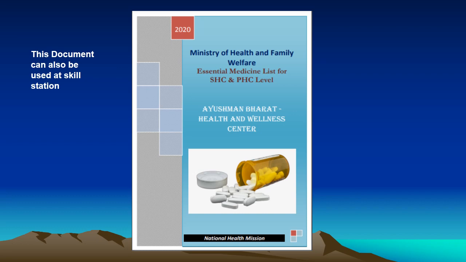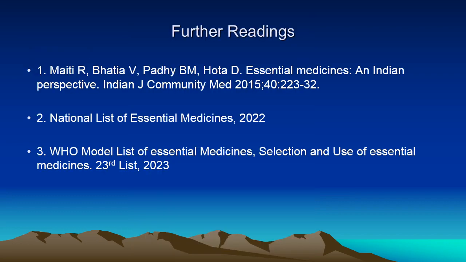The reason is that whatever I have discussed earlier and derived from the national list of essential medicines is also seen in this document, and therefore a student can find out the essential medicines from this list and discuss why this medicine is included, why this is not included, and it will be a good discussion, and then it will be very good for the development of their future skill.